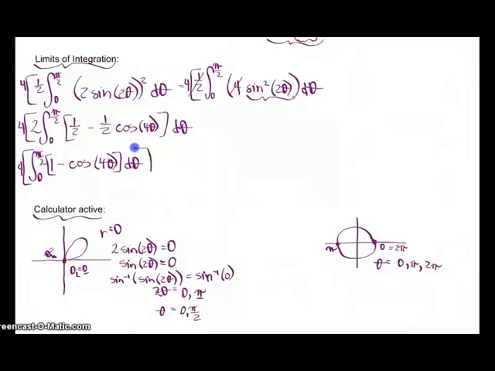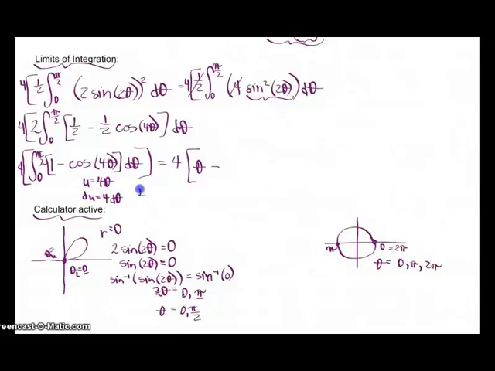So there we go. Now we can just come back here, and we have 4 times, so I'm going to find my antiderivative with respect to theta. The antiderivative of 1 with respect to theta is theta. This is a u substitution now where u is 4 theta. So du is 4 d theta.